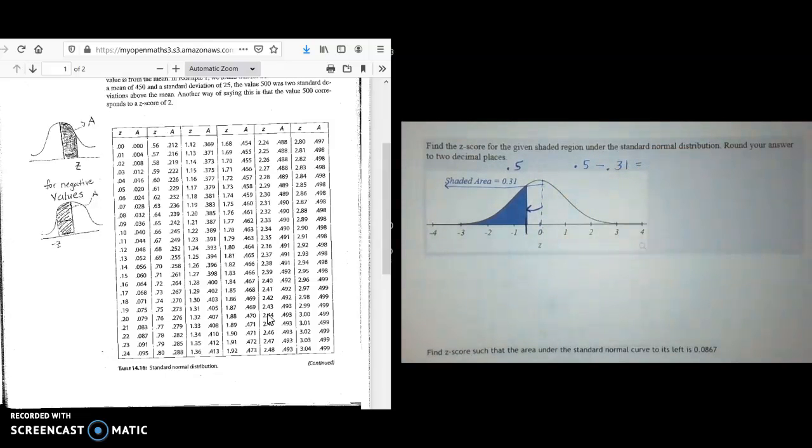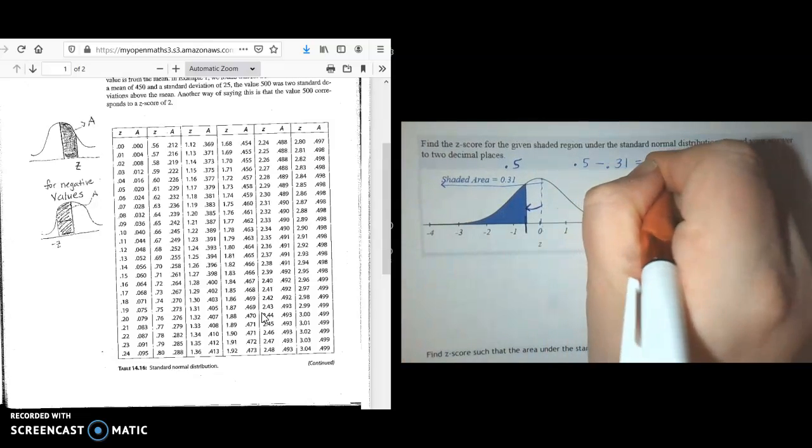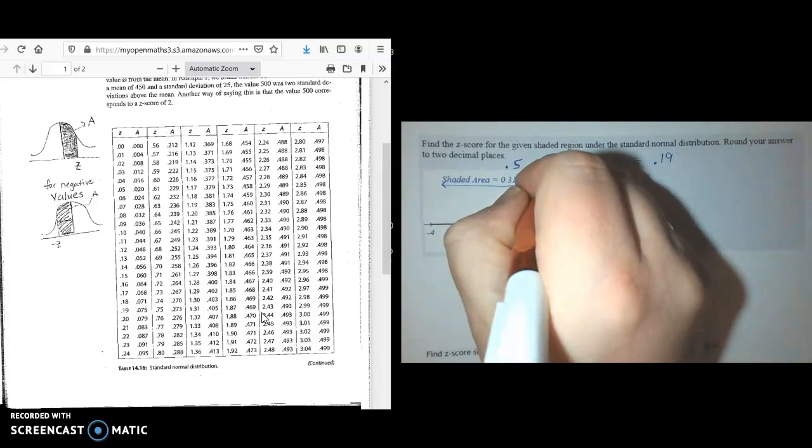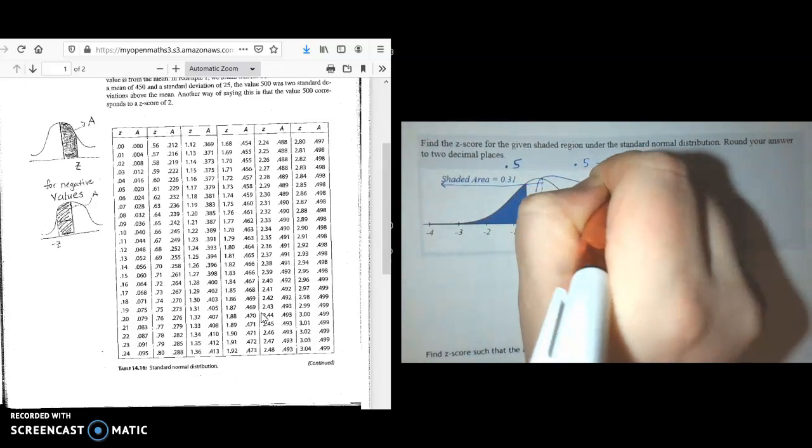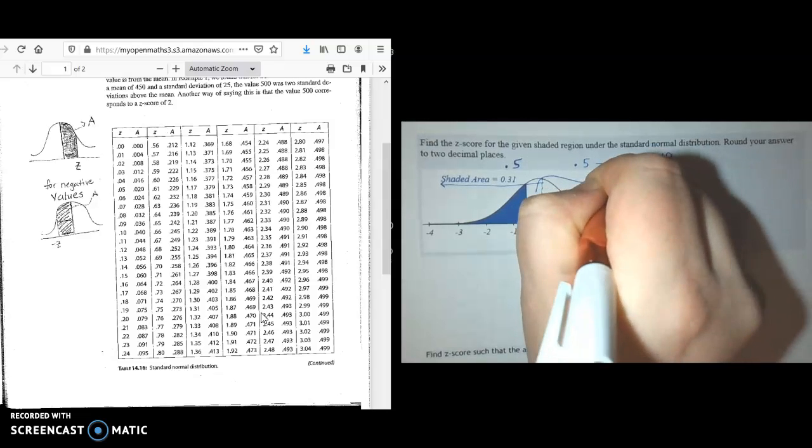When I do that and use a calculator, I'm going to take 0.5 minus 0.31. That gives me 0.19. So this area right here is 0.19.